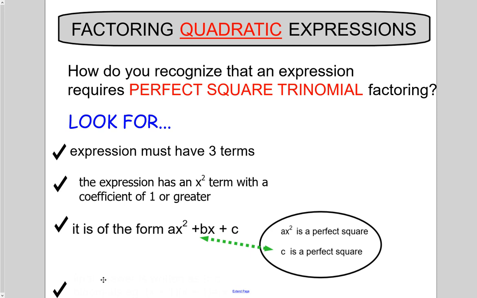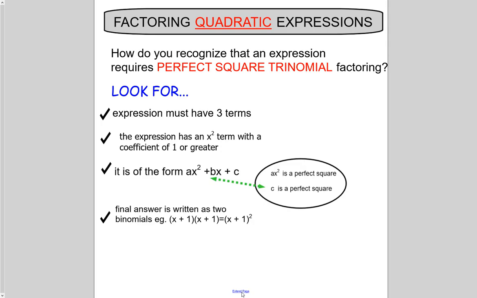So we're looking for those perfect squares, things that we could take the square root of evenly, and that's going to tip us off. And the final answers are going to be written in this form, where 2 binomials that are equal to one another, so we could just write it as the binomial and write it as squared. So this is the form we're going to be looking for.